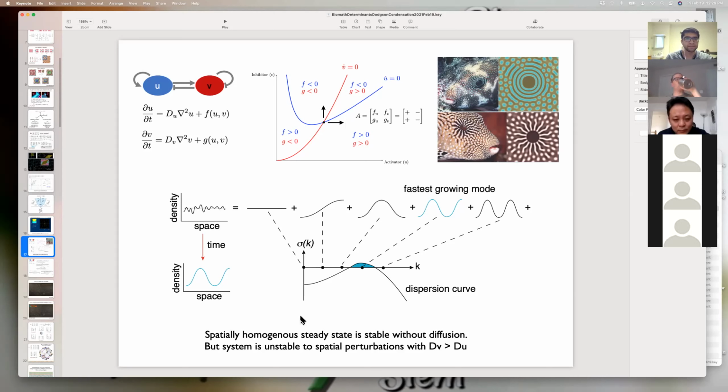So what we're looking for when we do Turing analysis of Turing systems is that the spatially homogeneous steady state is stable without diffusion. So this matrix needs to be stable, so its determinant needs to be positive and its trace needs to be negative.